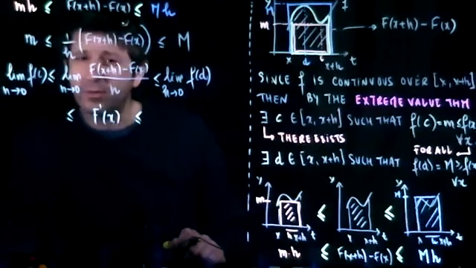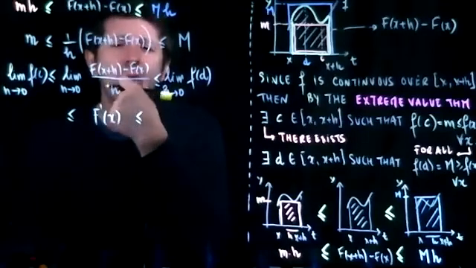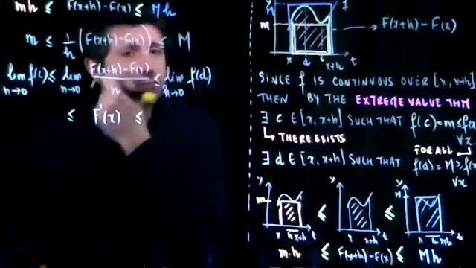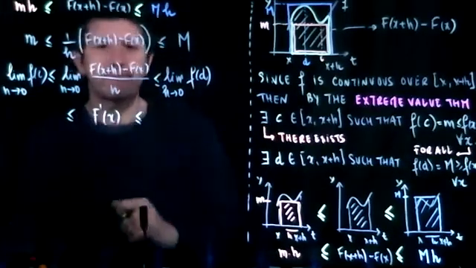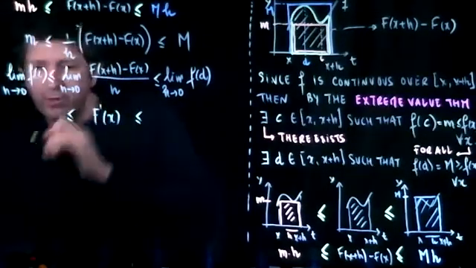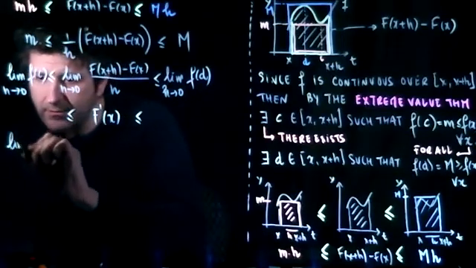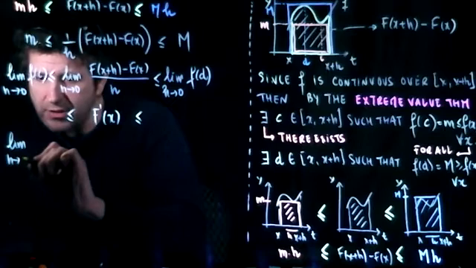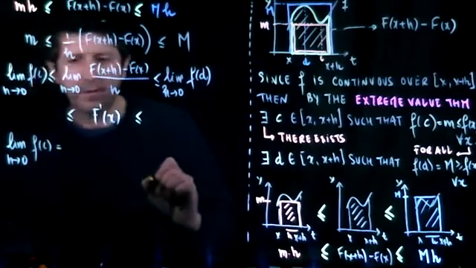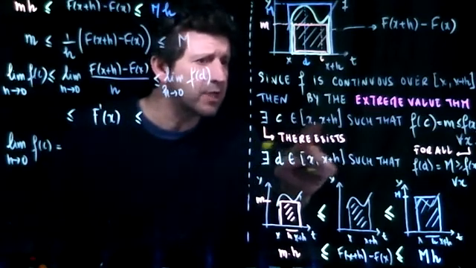Sorry, I didn't understand your question. I still don't understand why this would be the proof of F. Like, why would F prime be the proof? I didn't finish yet. You will see. So I just want to find the limit as h approaches 0 of f of c. Well, c is between x and x plus h.